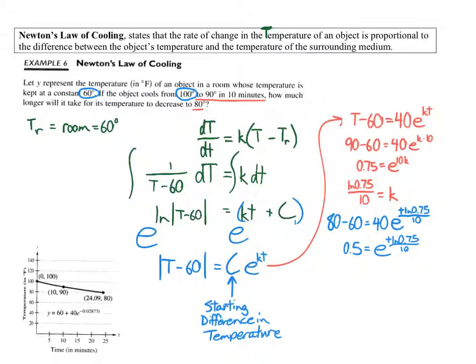I take the ln of both sides. That equals t times ln of 0.75 over 10. And now I get t equals 10 ln of 0.5 over ln of 0.75, and that time is 24.094.